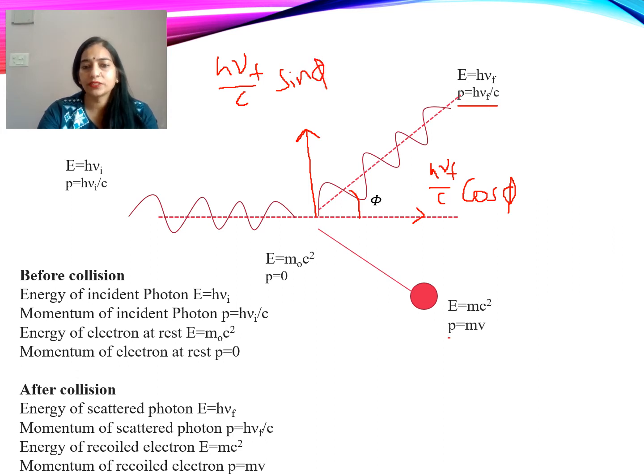Similarly, we break the momentum of the electron into components along and perpendicular to the direction. So in this direction, momentum is mv cos theta, and in this direction, mv sin theta.